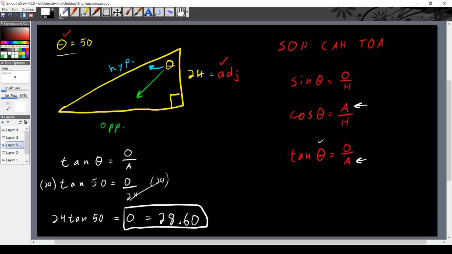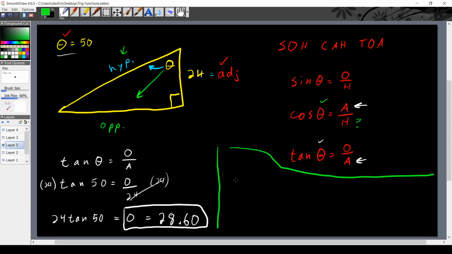Let's go ahead and solve for the hypotenuse, and let's do it using this, because we haven't really had to move the math around too much. Let's do that one, and we'll move the math around a little bit. I'm going to make us a little workspace here. So once again, this time I'm looking for the hypotenuse, and I can use cosine since I know theta and I know the adjacent.